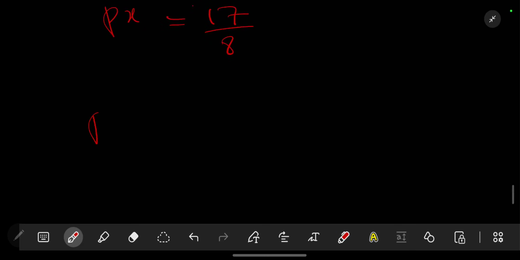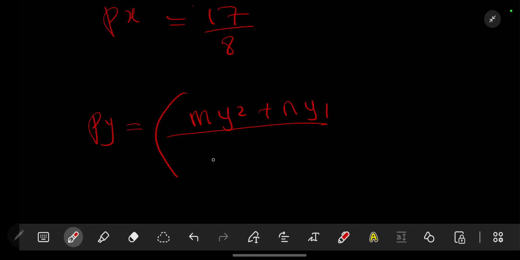Then the coordinate for y, the equation is the same, but you just interchange the y. So you are going to say m y2 plus n y1 over m plus n, where m and n are the divisions.